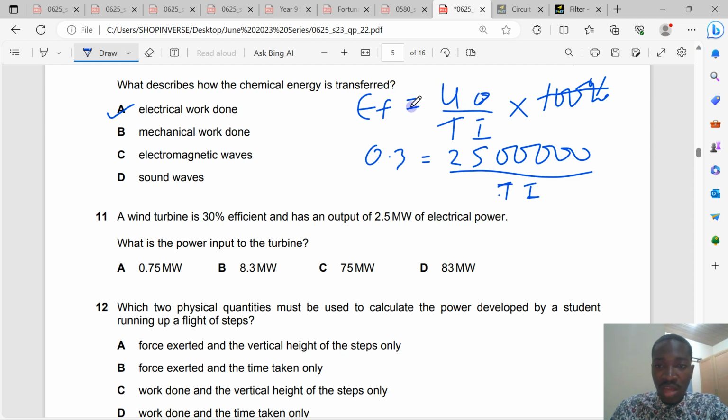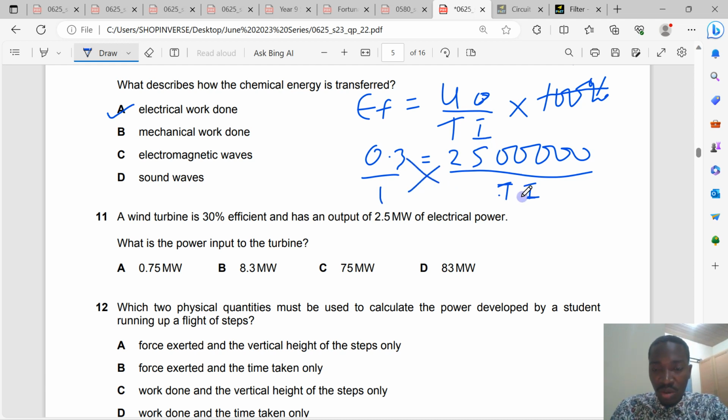So this formula is what I just expressed here. I just eliminated the 100% because I was expressing this as a decimal, as a fraction of 1, as a portion of the one whole of the total energy. The maximum efficiency a machine can have is one whole, which is 100%. So to get total input energy, just introduce a denominator of 1 and cross multiply.